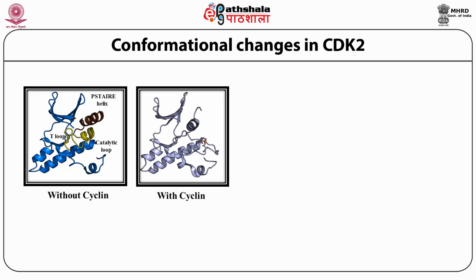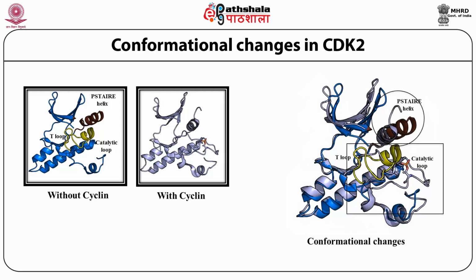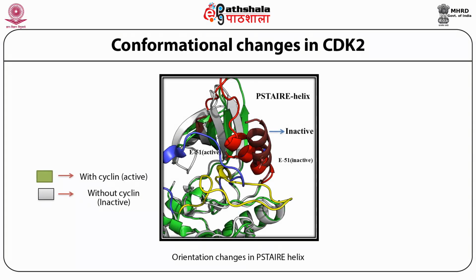So there is a huge structural change in these two loops when cyclin is bound to kinase. We can also see the two structures together when they are superimposed on each other at the right side of the slide. Those two structures again zoomed at the interacting surface on kinase.